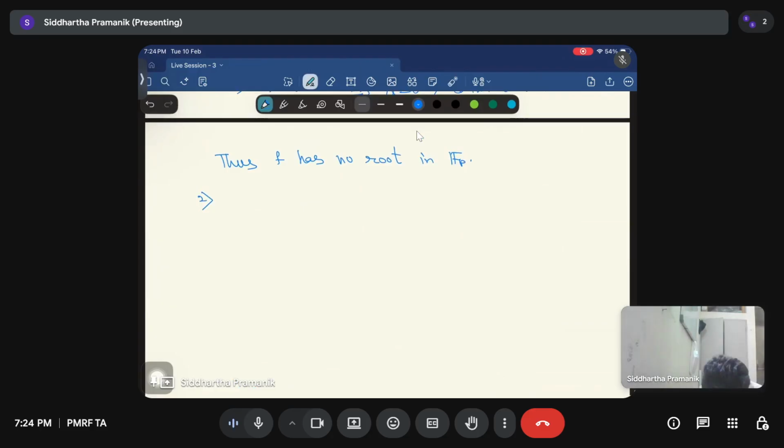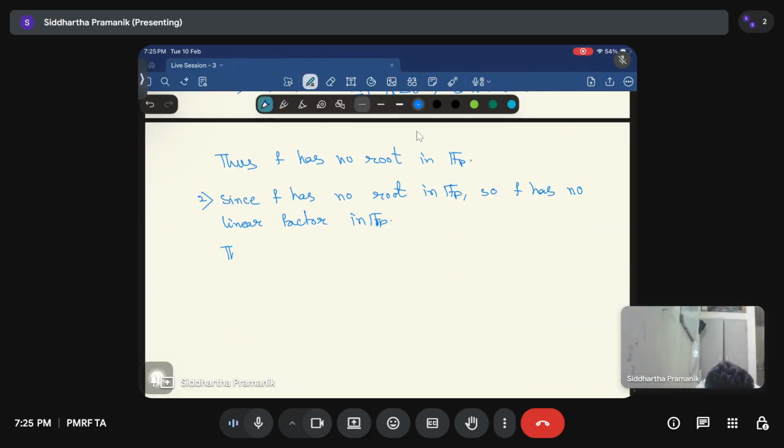Since f has no root in Fp, f has no linear factor in Fp, right? Having a linear factor is equivalent to having a root. So f has no linear factor in Fp.